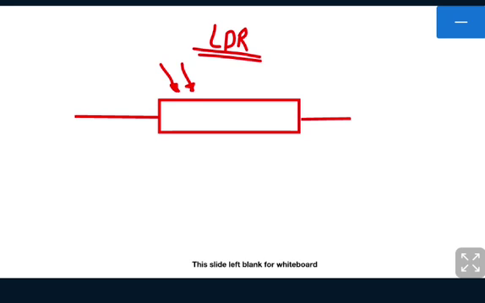And in bright light, the resistance of an LDR is low. Yes. I've written that down. Okay. So this is the basic definition of LDR, and I don't think it requires more detail.